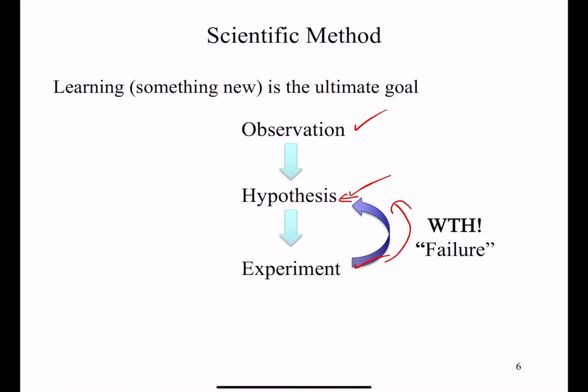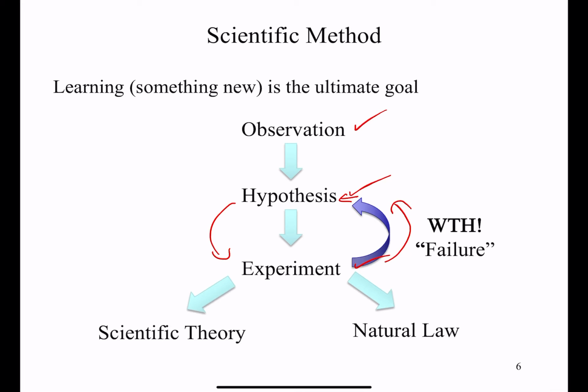And maybe we would revise the hypothesis and do it again and again. So science does not happen quickly. Usually it's over many, many years that we're conducting experiments, gathering data until we can come up with a firm idea on if our hypothesis is true or not. And when we finally think it's true, crafting that idea into either a theory or a law.